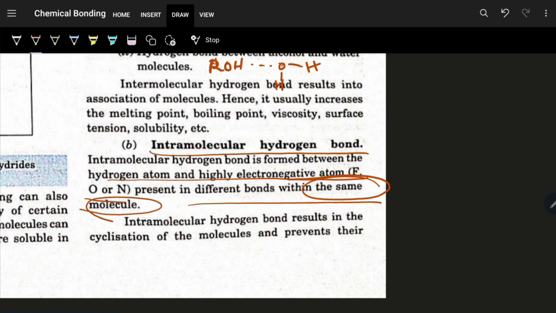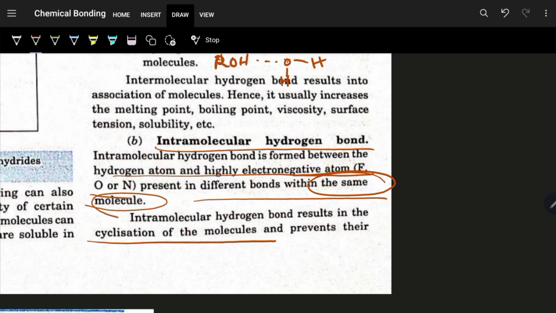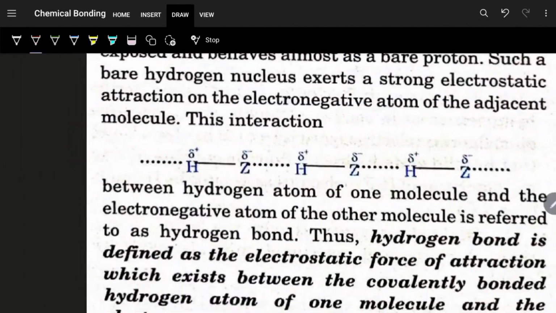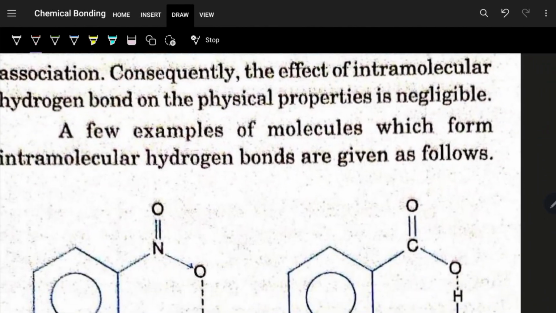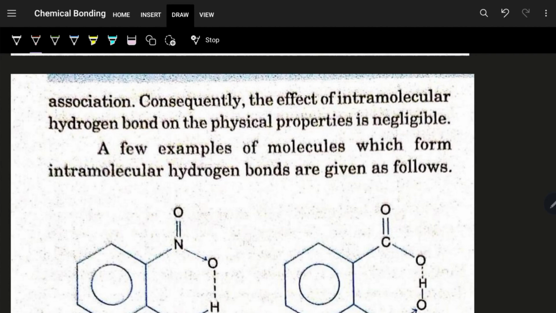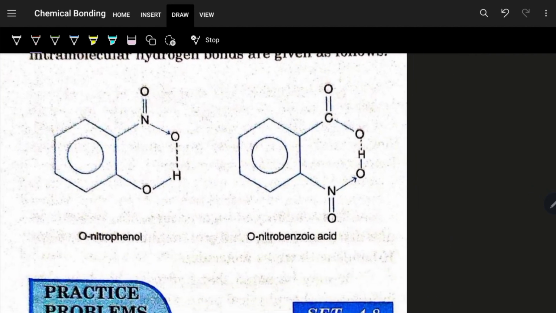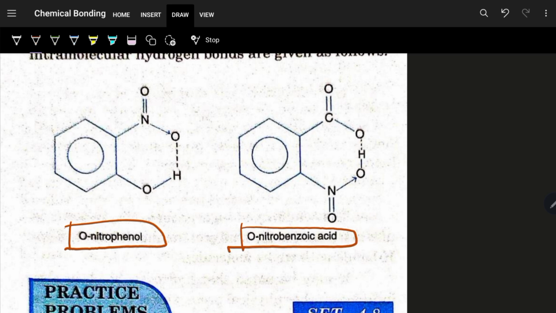For this, there occurs cyclization in the molecule, and it prevents their association. So it prevents their association. So this is it. Now a few examples are O-nitrophenol and P-nitrophenol. Here we can see intramolecular bonding existing in O-nitrophenol and O-nitrobenzoic acid.